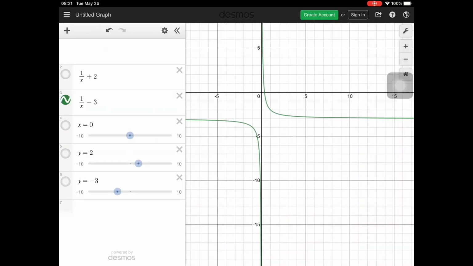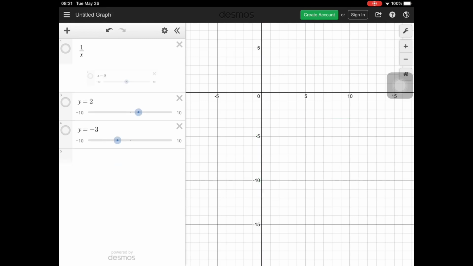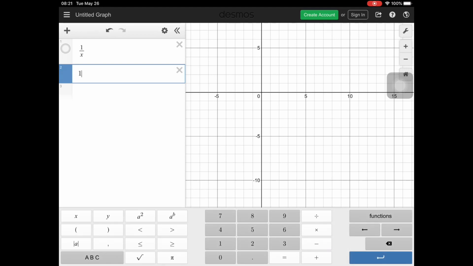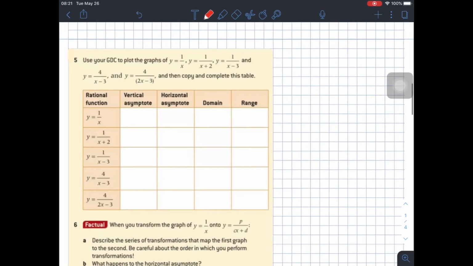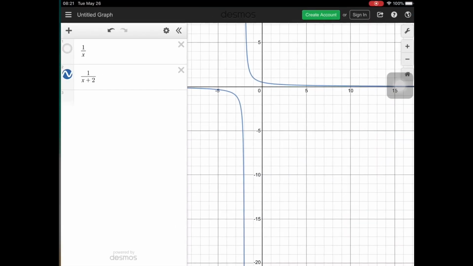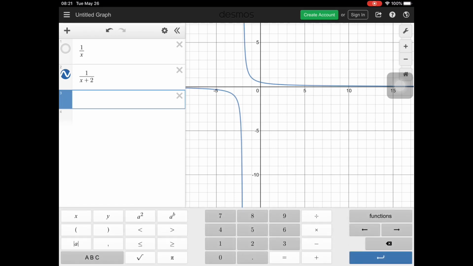I'm going to erase all of this. So the next one would be 1 over x plus 2, I think it was. Let me see. Yes, x plus 2. Then we had 1 over x minus 3.